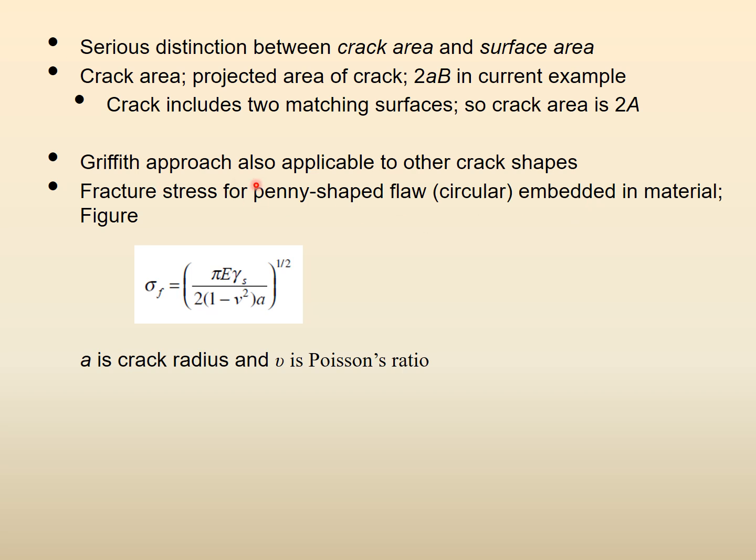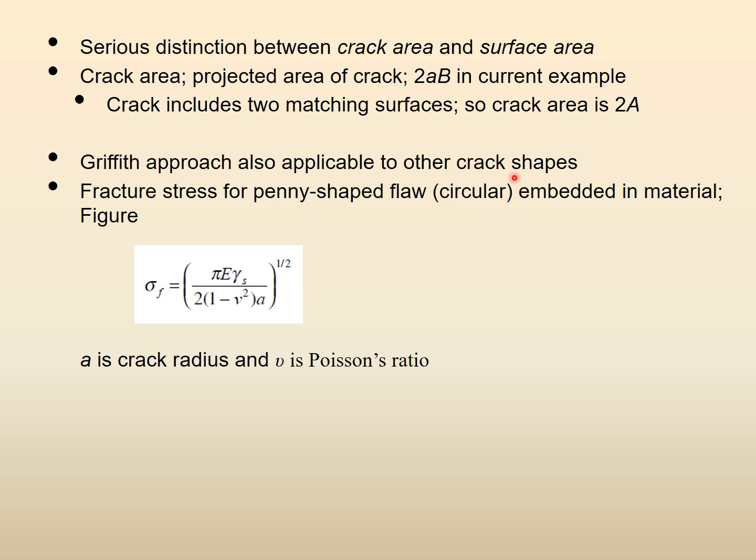The Griffith approach is also applicable to other crack shapes. To make it very simple, remember that earlier we were taking an elliptical flaw, now we are taking a flat flaw, but we can do other shapes as well. So for example, the fracture stress for a penny-shaped crack.